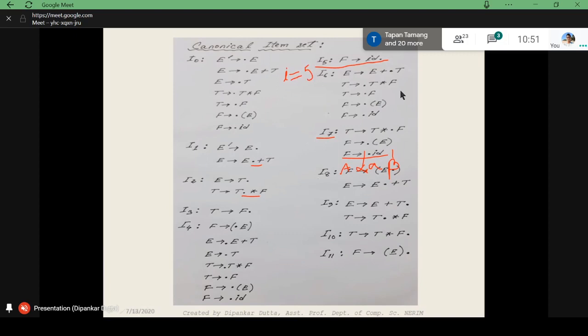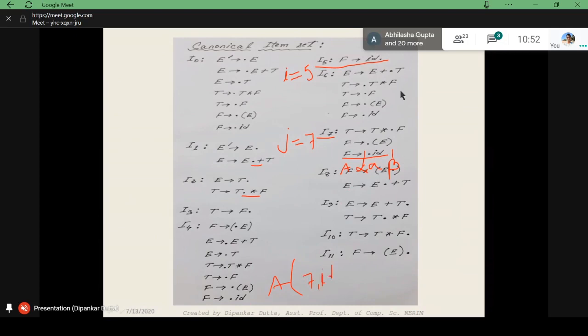What is the value of J here? 7. Then what will be the action? Action 7, this is the input state. What is the input?